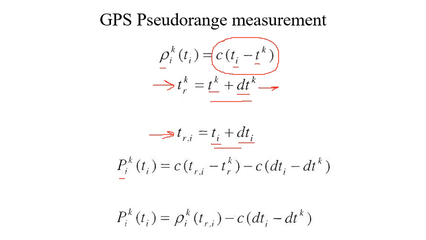As you can see, the new equation is obtained. The first term is the true reception time by the receiver and the true emission time by the satellite. This means that this is normally the geometrical distance, so the rho term will be here.